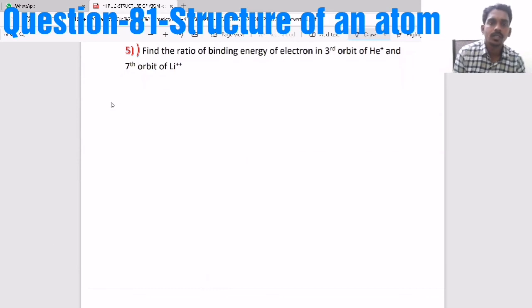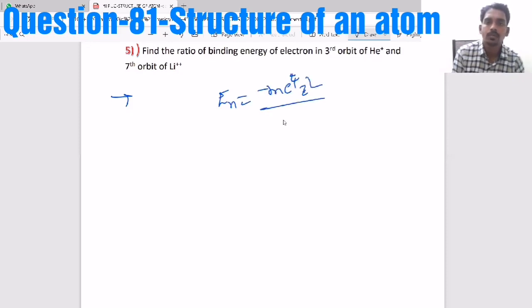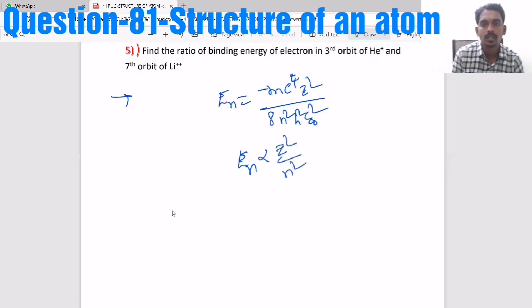Now, one more question. Find the ratio of binding energy of electron in third orbit of helium plus and seventh orbit of lithium plus plus. Again, similar kind of question, but energy they are asking now. Energy is minus m e power 4 Z square by 8 n square h square epsilon naught square. So En is directly proportional to Z square by n square.